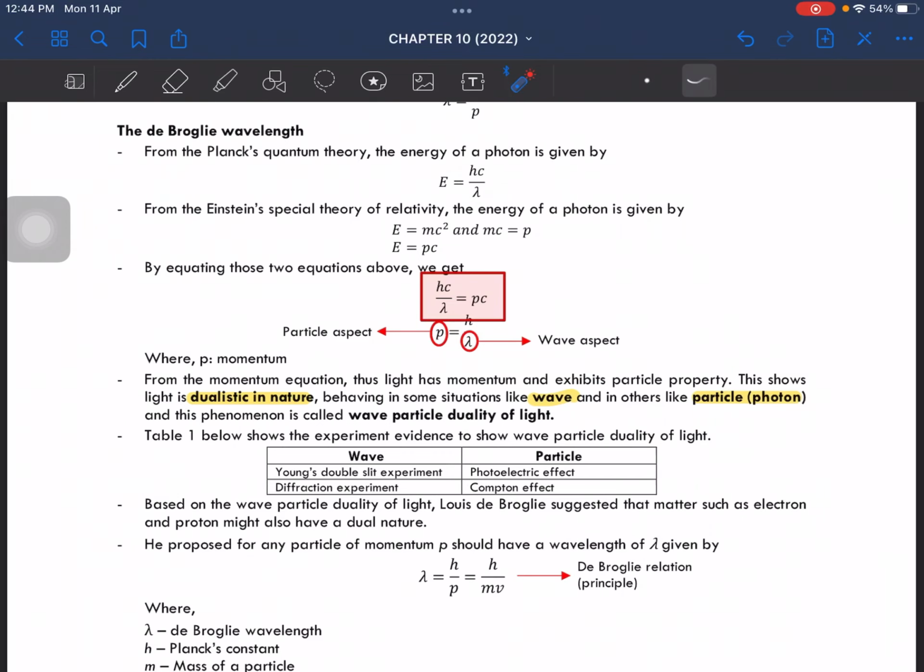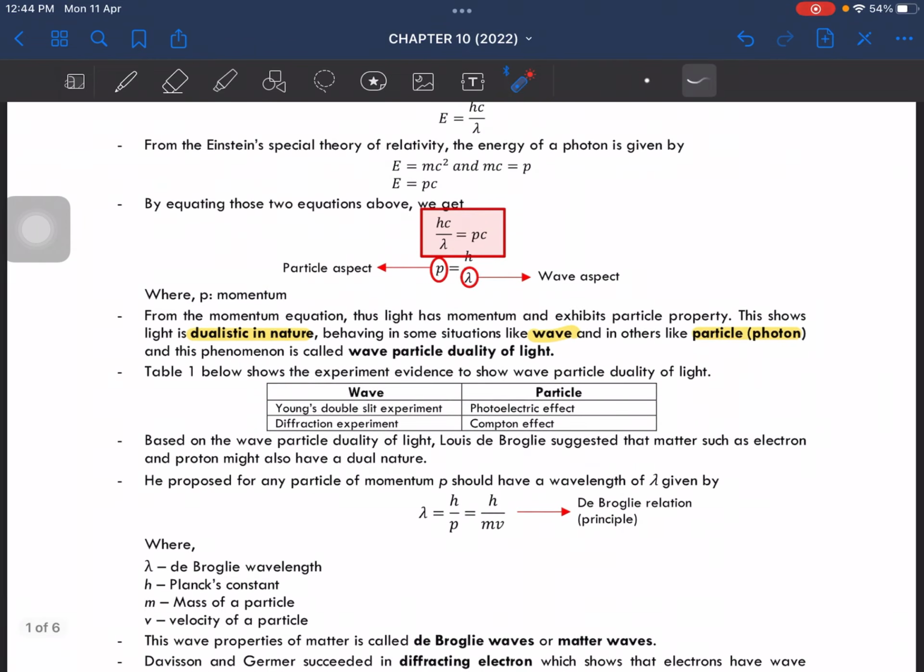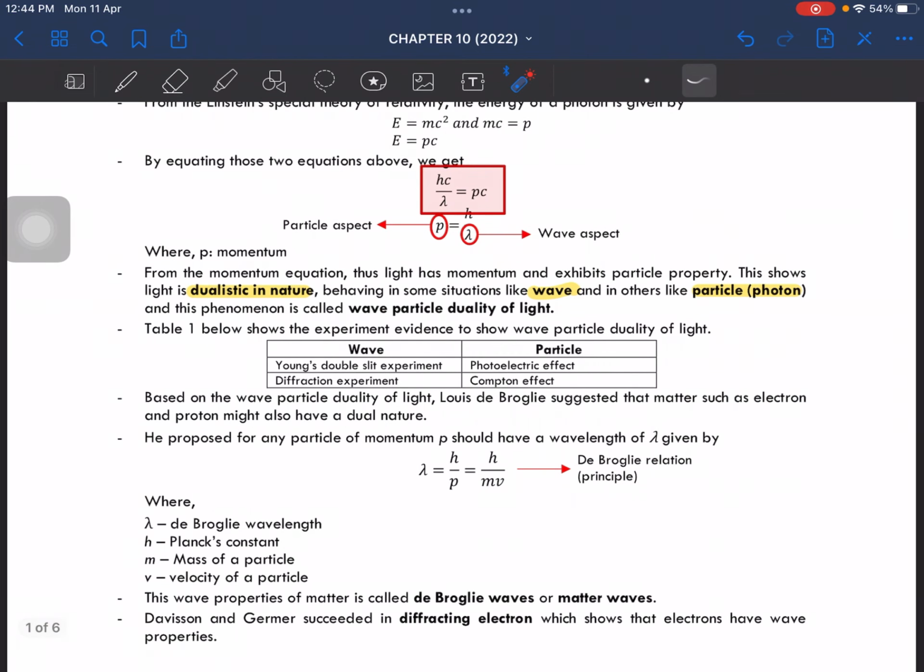This table here shows the experimental evidence that light does have wave-particle duality. The experiments that show light is a wave are Young's double slit experiment as well as the diffraction experiment, and for particle, the photoelectric effect or the Compton effect.